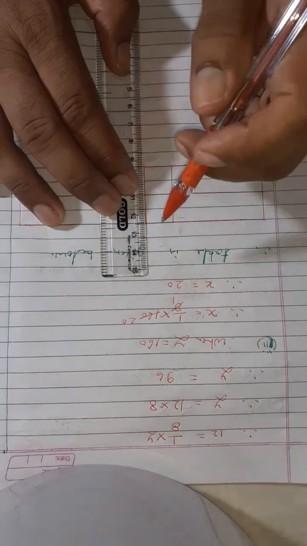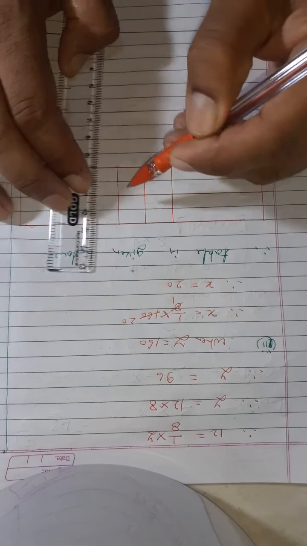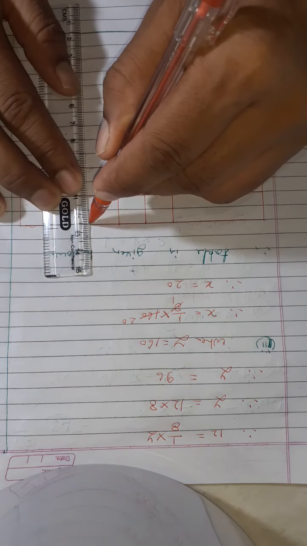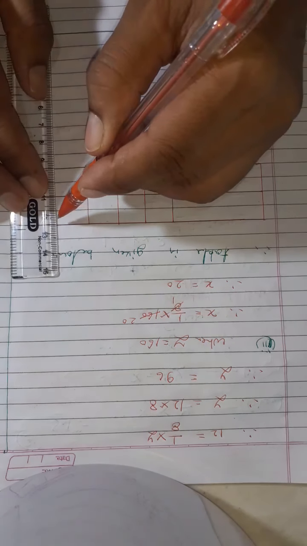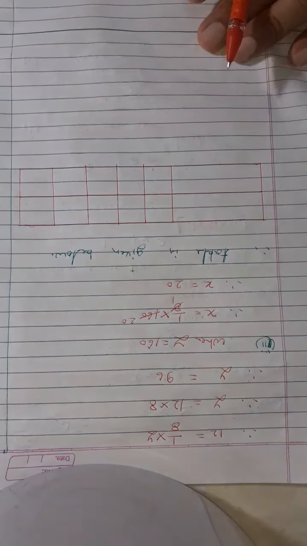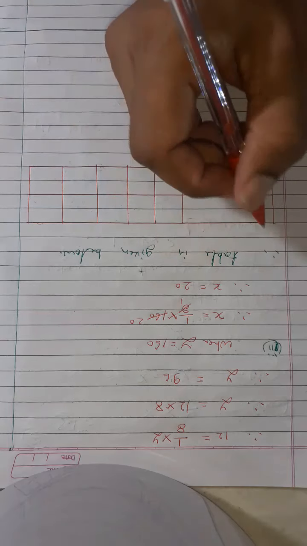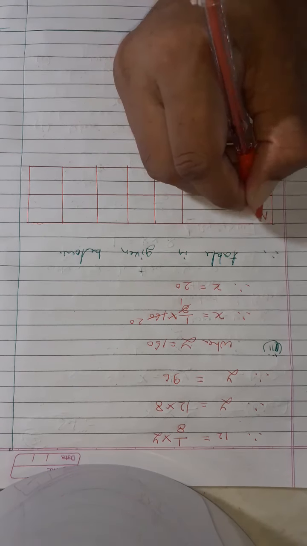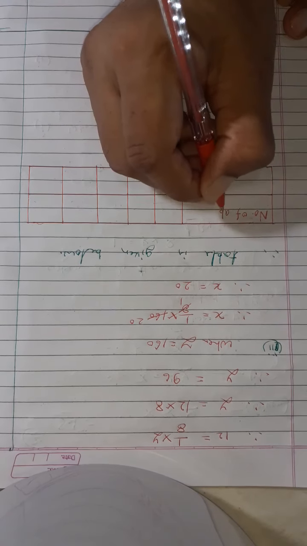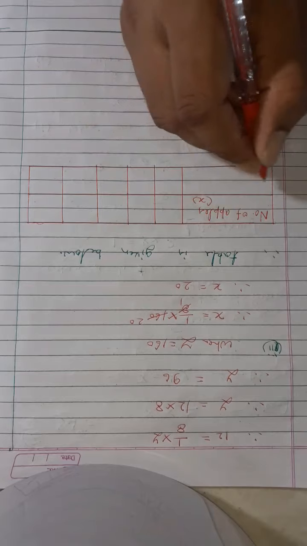So here 1, 2, 3, 4, 5: 1 and then 2, then 3, then 4, 5. Okay, and this is the number of apples, that is x.